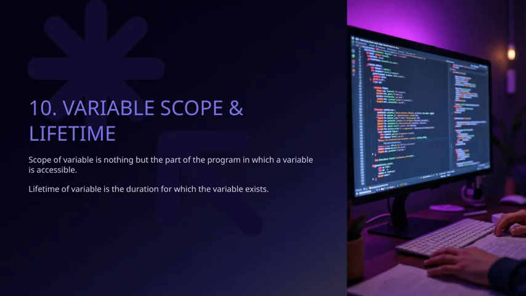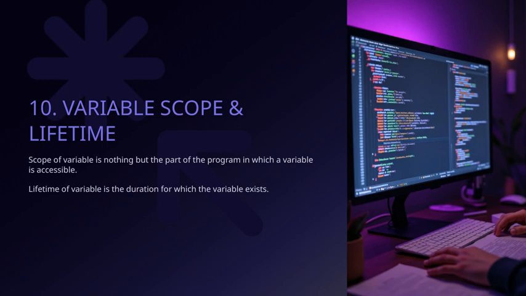Let's explore variable scope and lifetime. Scope essentially refers to the part of the program where a variable can be accessed. Think of it as the variable's reach within your code. If a variable is defined inside a function, for example, its scope is limited to that function. Now, the lifetime of a variable is about how long that variable actually exists during the program's execution.